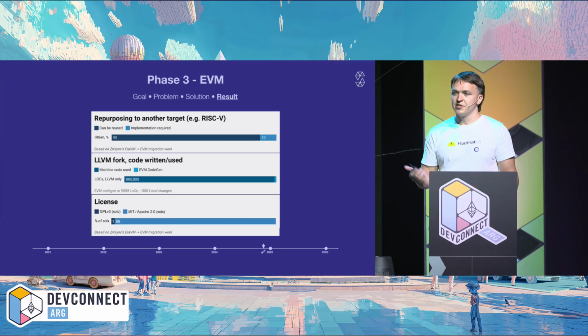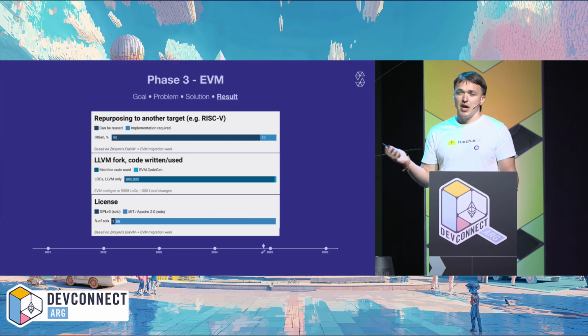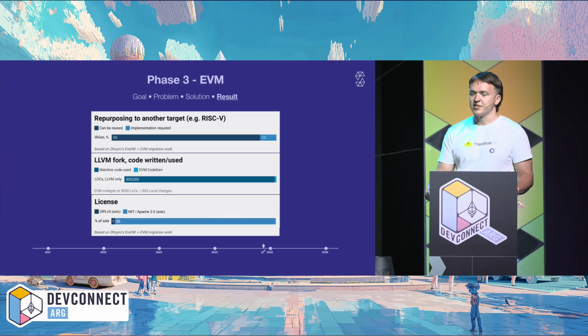We just forked ZK solc, and we got solx frontend out of that code base. We still reused all the middle end, all the LLVM code you can see on the second chart. It's like 800,000 lines of code. And anyone can do that with our code base, since we are almost 100% MIT Apache licensed. GPL version 3 is only for the parts where we interact with the solc, like the bindings between C++ and Rust code.